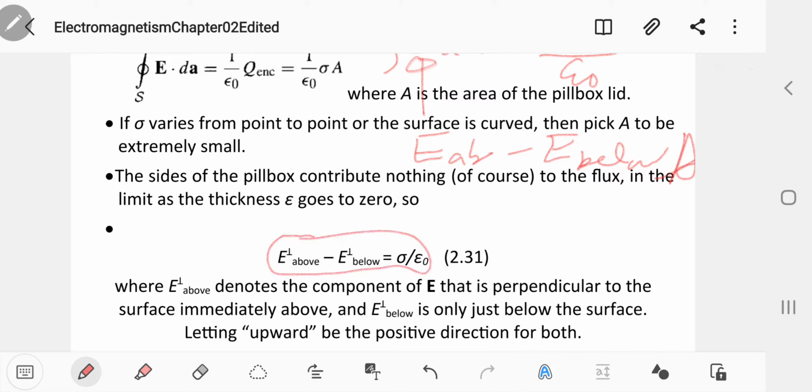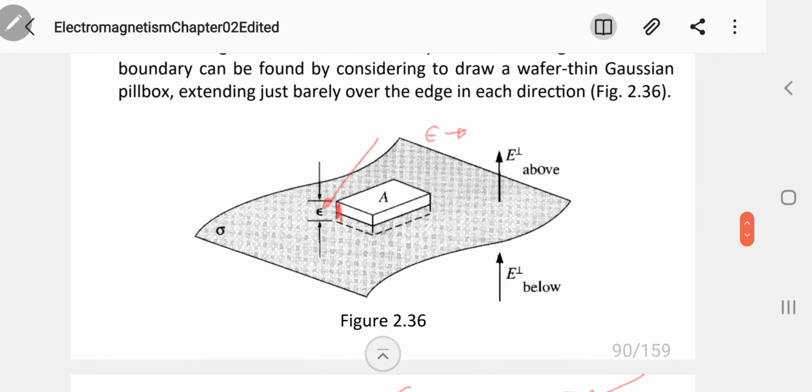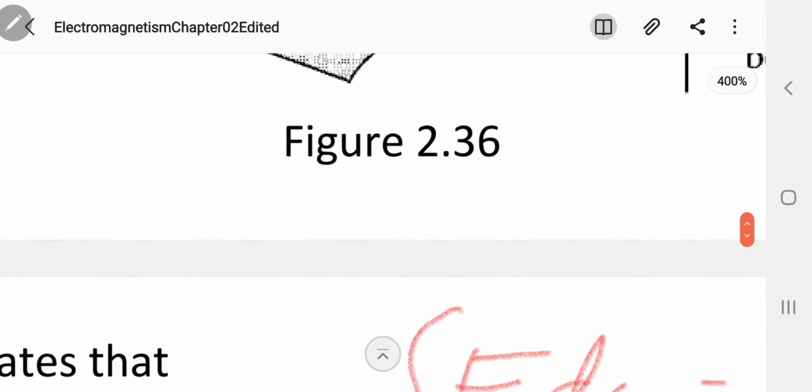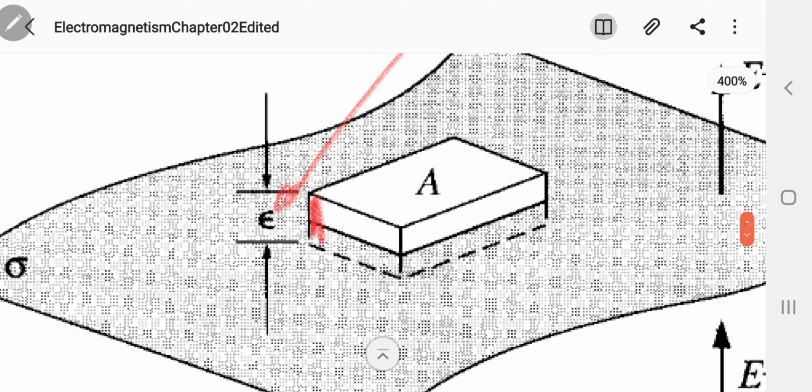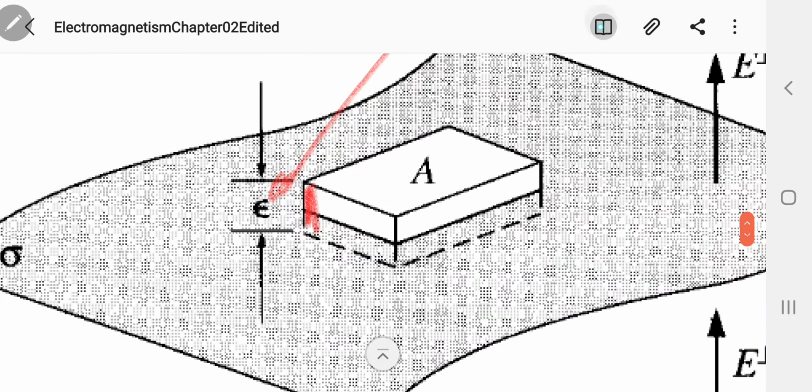By the way, the side of the box will contribute nothing, because of course the epsilon has to go to 0, so that this will become really small.